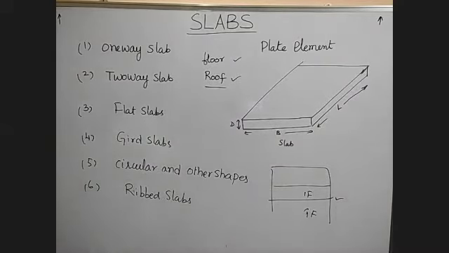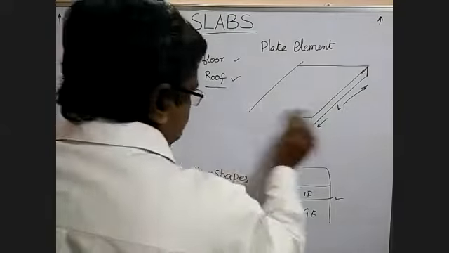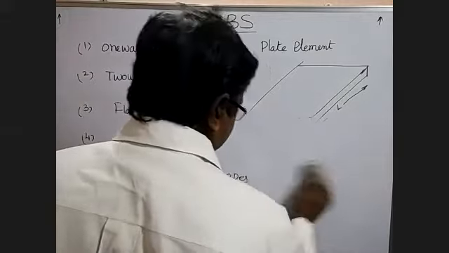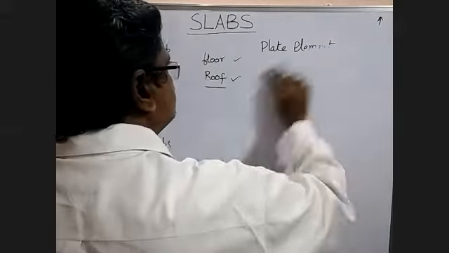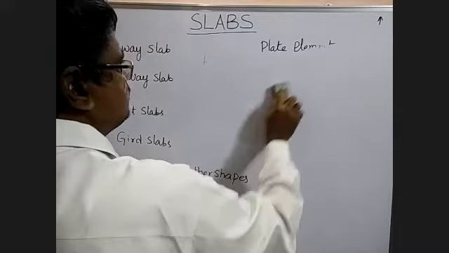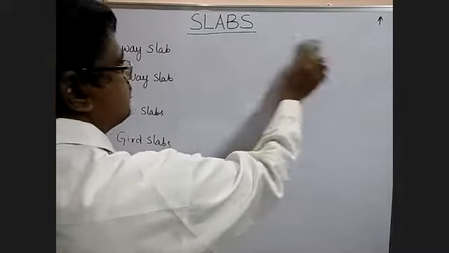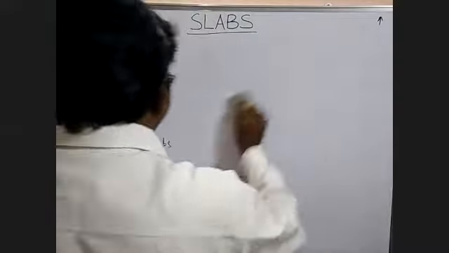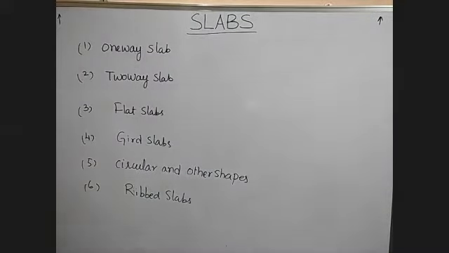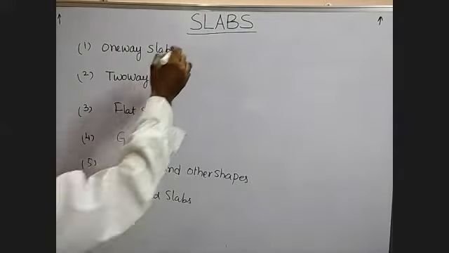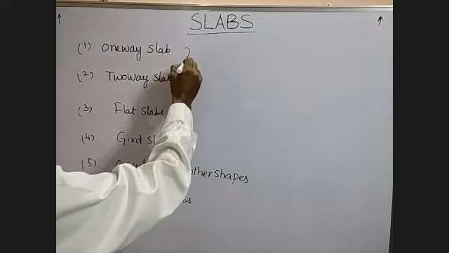Now here you have different types of slabs. The one-way slab, two-way slab, flat slabs, grid slabs, circular and other shapes, ribbed floors, etc. Now we will study the one-way and two-way slabs.